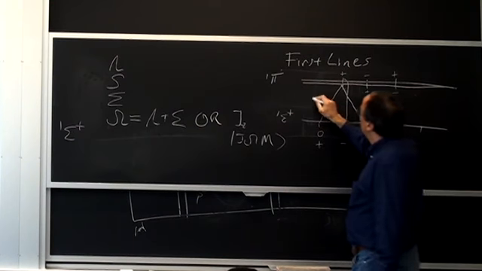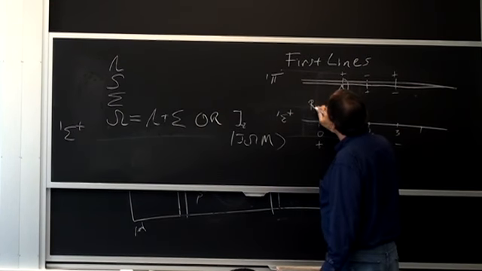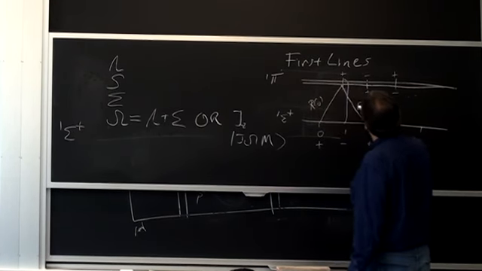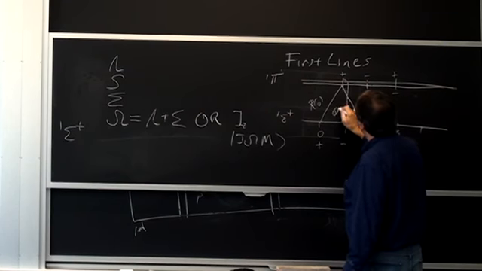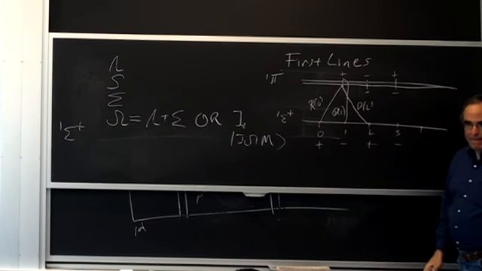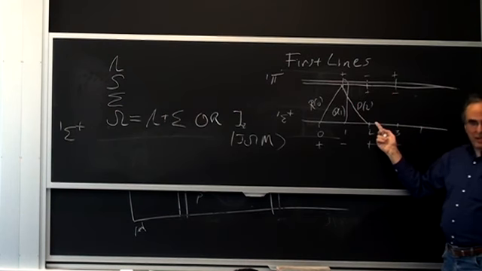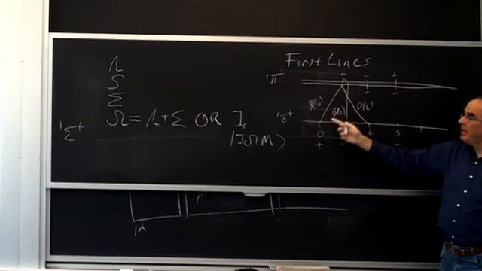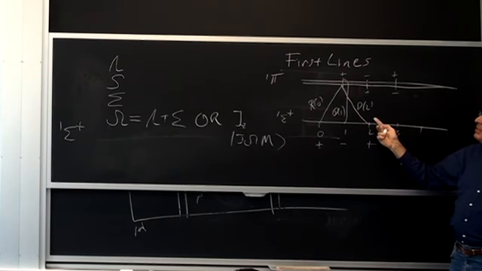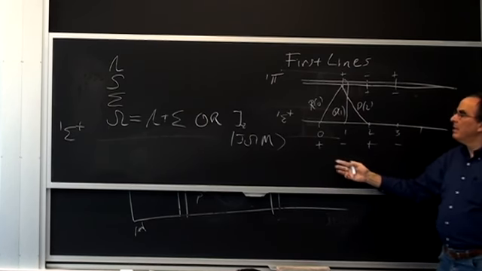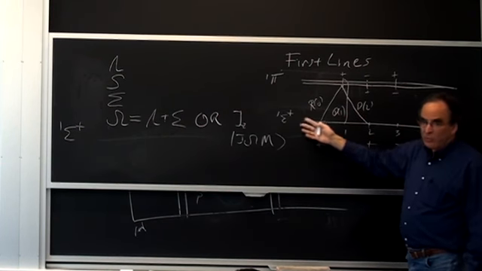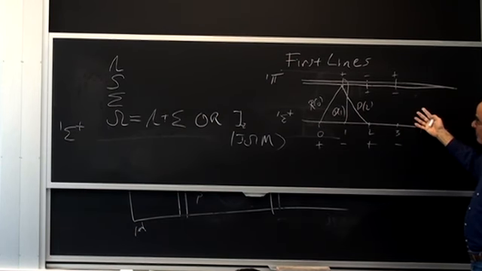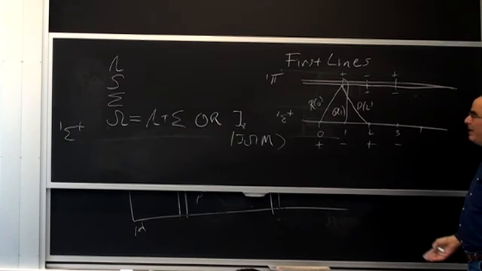So this is R0, this is P2, and this is Q1. Those are the first lines. For a sigma-pi transition, that's what you can see, and you can work out what the pattern of first lines would be for any symmetry.